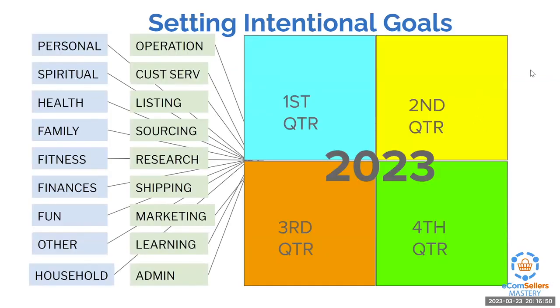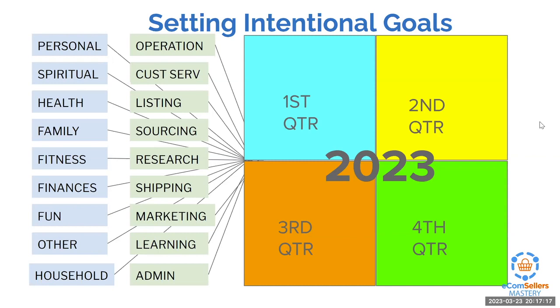So setting your intentions, this is from our annual planning session, and it is always relevant and it is always important. When it comes to setting your intention for your business and for your print on demand business and for your personal life, I kind of break this up into two different columns. The first column is all the personal stuff that is related to your personal life and your household and everything else.